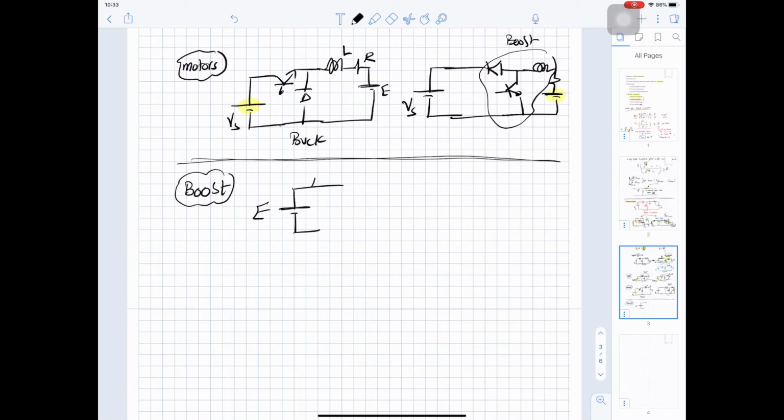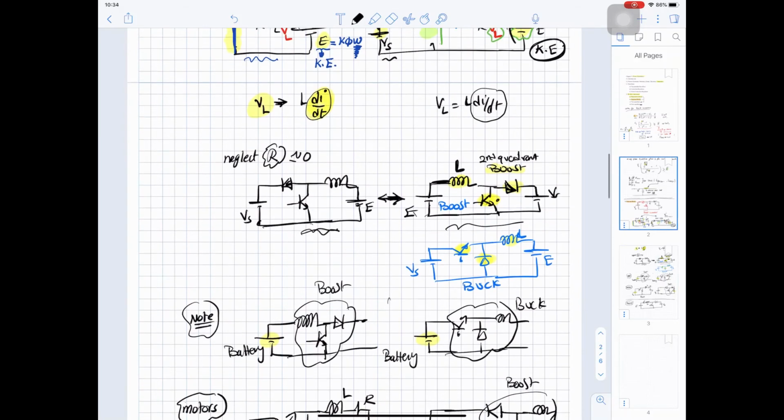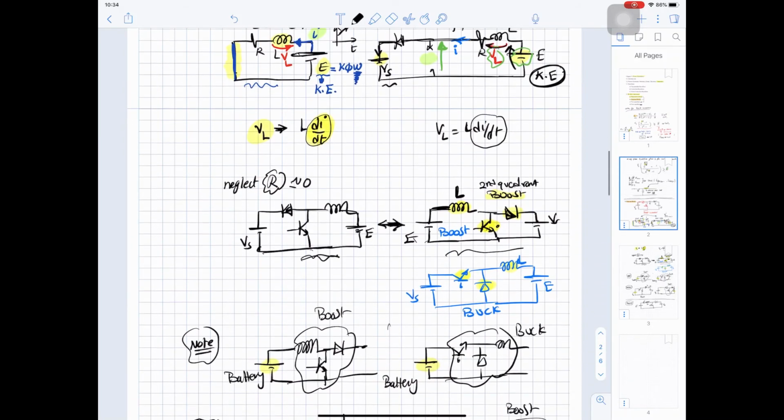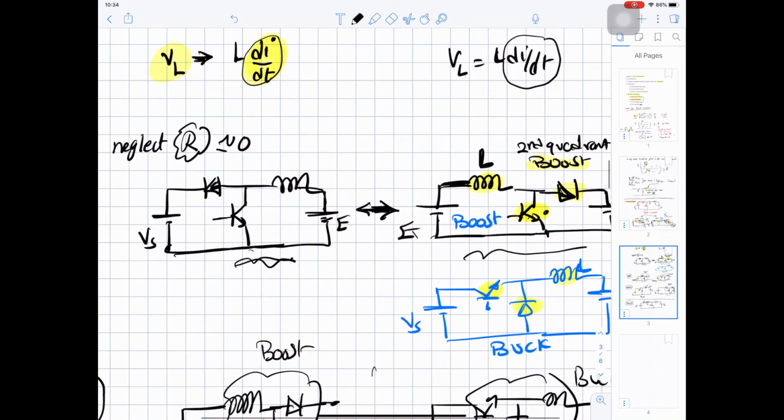As we mentioned, we will have our E. There is R, but we can neglect its effect, it's small. We have L, then we have our switch, we have our diode, and we have our V source. It is the same exact circuit we have here, okay?